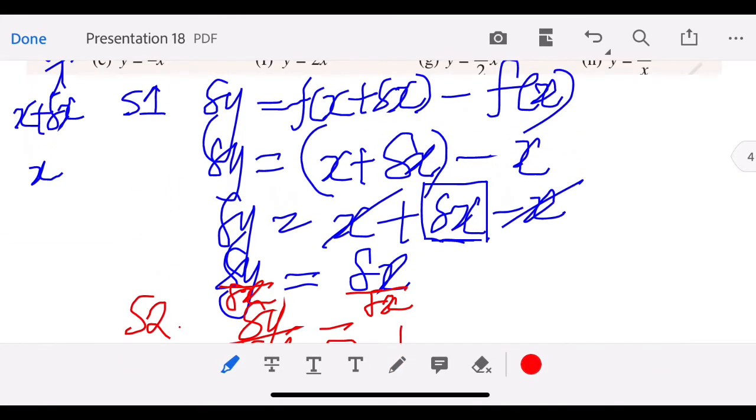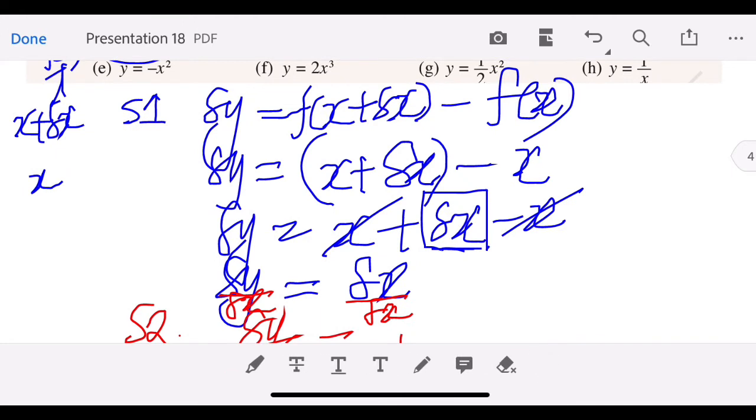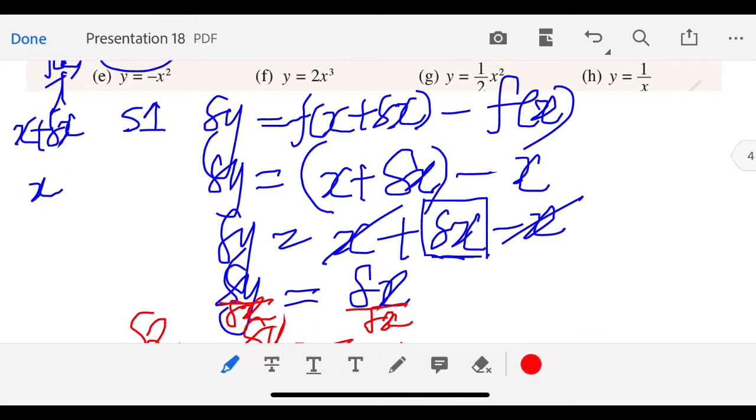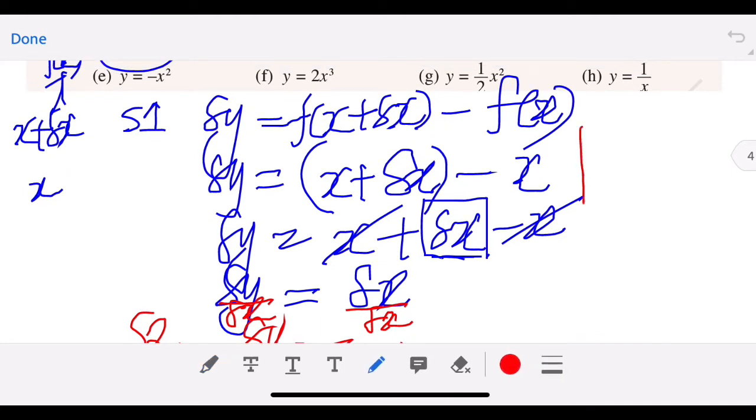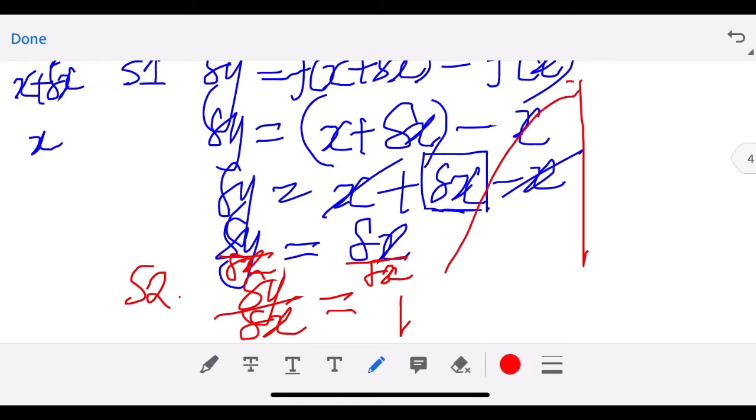What is step 3? Let's proceed to step 3. The step 3 is we have to apply the limit, so that is actually dy dx.